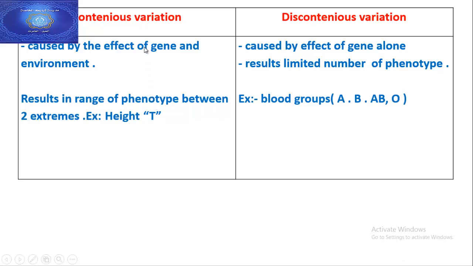So continuous variation is caused by the effect of genes and environment together. For example, maybe you are short and you have another friend of the same age, the same height as you. But after time you notice that this friend is taller than you. Why is he taller? Because maybe he takes more vitamin D, more calcium, more phosphorus, and also does specific types of exercises to increase his height.